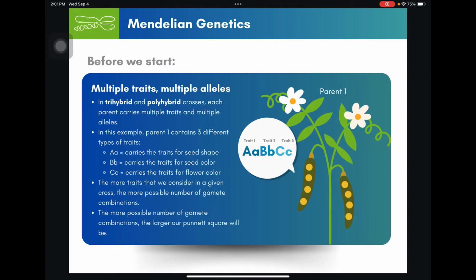While trait 3, as represented by letter C, carries the traits for flower color. The more traits that we consider in a given cross, the more possible number of gamete combinations. And the more possible number of gamete combinations, the larger our Punnett square will be. For the monohybrid cross, we only have a 2x2 Punnett square. In the dihybrid, it's 4x4. In this one, it's an 8x8 Punnett square.